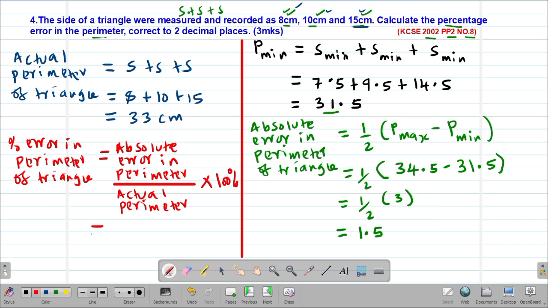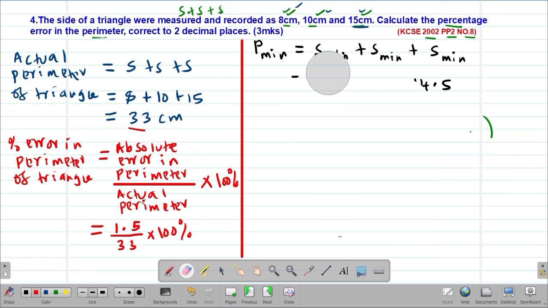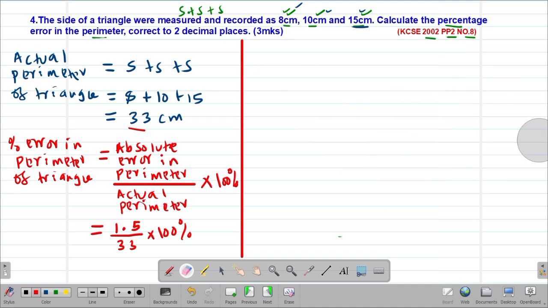So this will be given by the absolute error in the perimeter. We got the answer as 1.5. So this will be 1.5, then of course divided by the actual perimeter. We got it as 33 centimeters, then of course multiplied by 100%. Now, if we compute this on our calculator, this is what we are going to get.